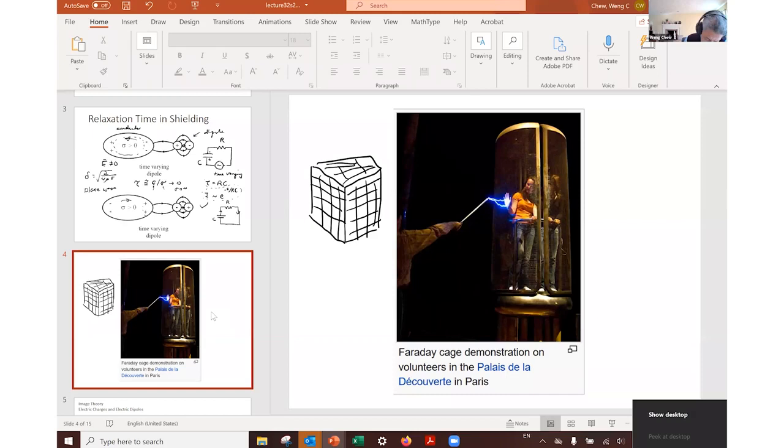As long as you ground the cage, and you know that if you have any surface where V is a constant, then the E field has to be zero inside. Very much like this case over here.